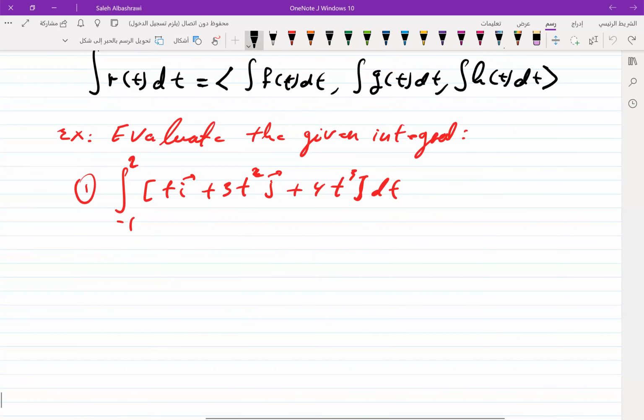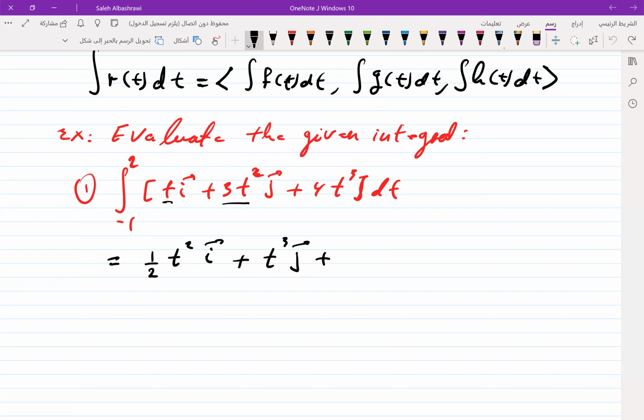So this is equal to the integration of the first one, t, which is 1/2 t squared i, plus the integration of 3t squared, which is t to the power 3 j, plus 4t to the power 3.